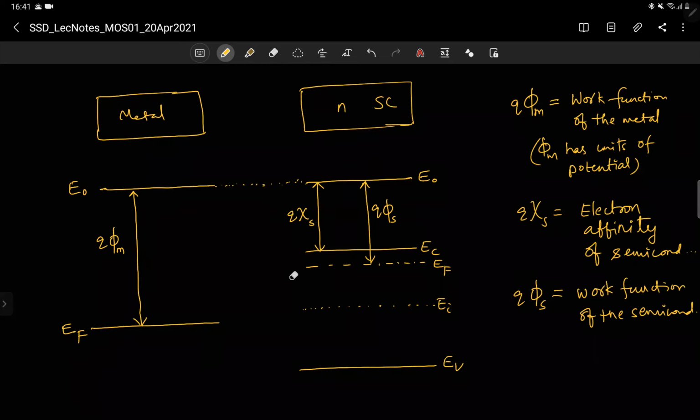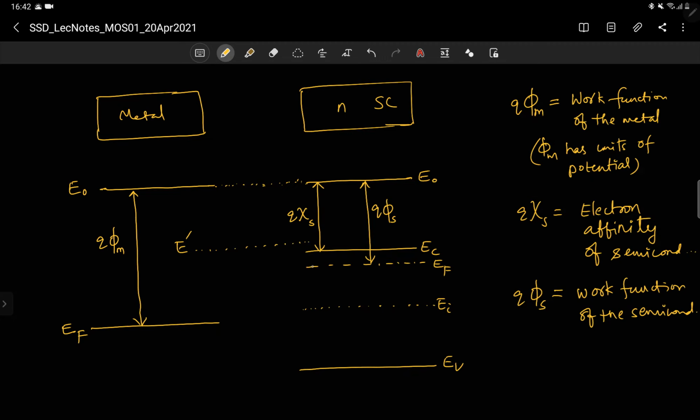Because what you have to see actually is the Fermi level position. The metal Fermi level is much lower than the semiconductor Fermi level. So at any given energy, say E dash, when you join them, at that particular energy level is when movement happens between metal and semiconductor.